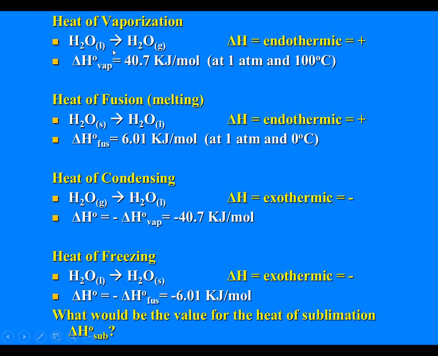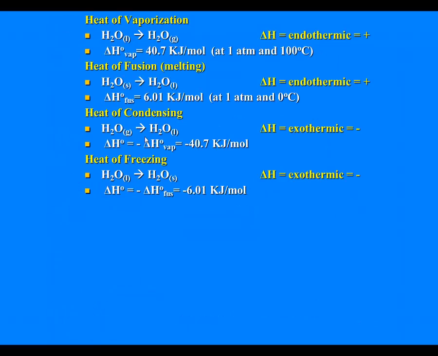If I add 40.7 kilojoules per mole for the vaporization process, as well as 6.01 kilojoules per mole for the melting process, I get about 46.7 kilojoules per mole for the sublimation process.